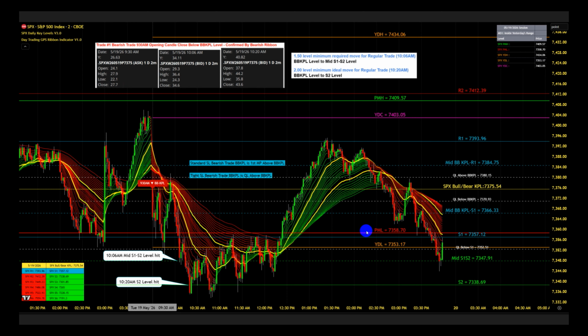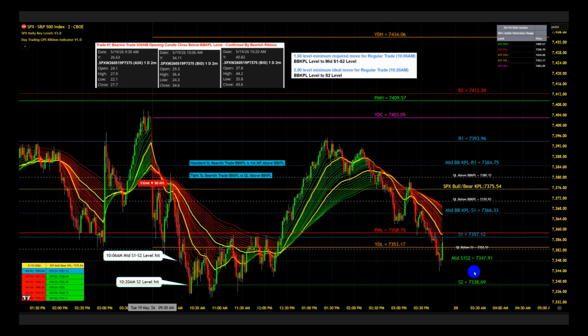In this particular trade, all of the contextual levels do not occur after the 1.5 level move. So you would just be dealing with either mid S2, S3 next, and then S3 below that, and then mid S3, S4, and then S4, etc. However, in this case, as you can see here, price did not move down further and began to turn around.